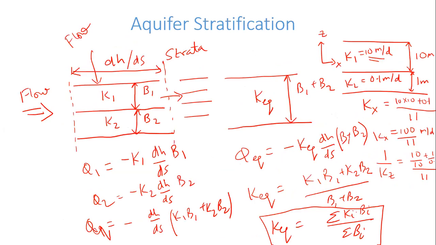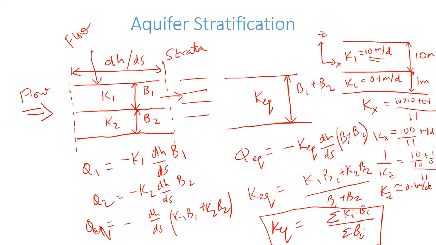B1 by K1 plus B2 by K2, divided by B1 plus B2. So what do you get? This will be 10 plus 1, 11 by 11.